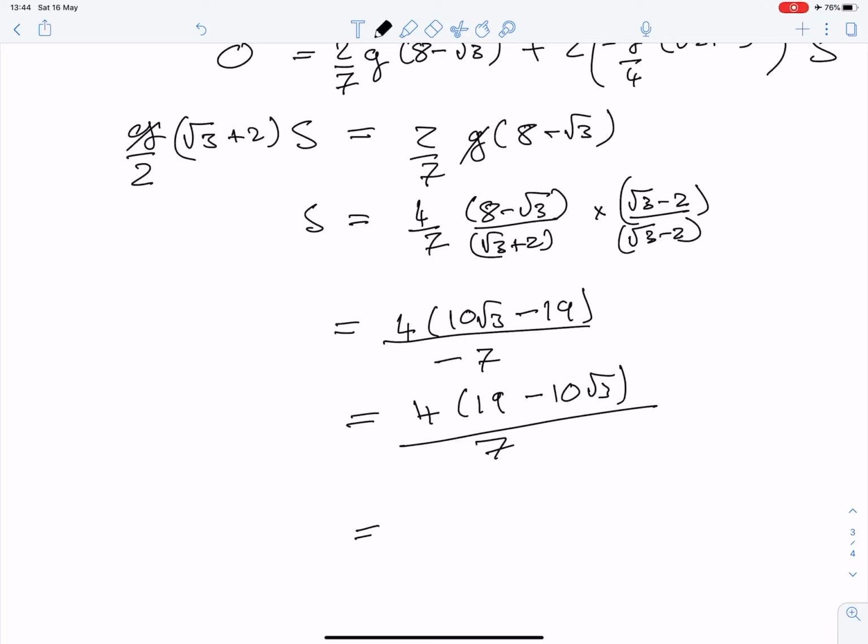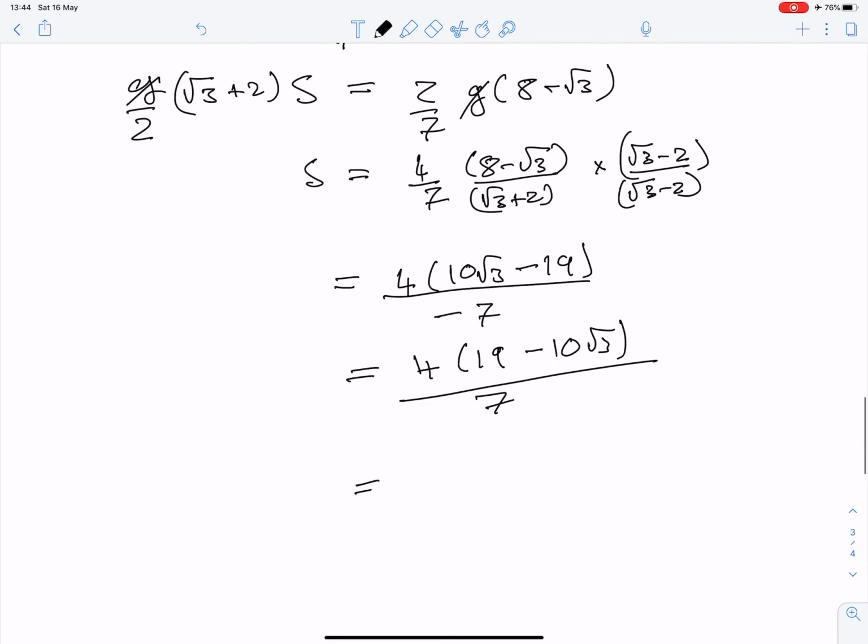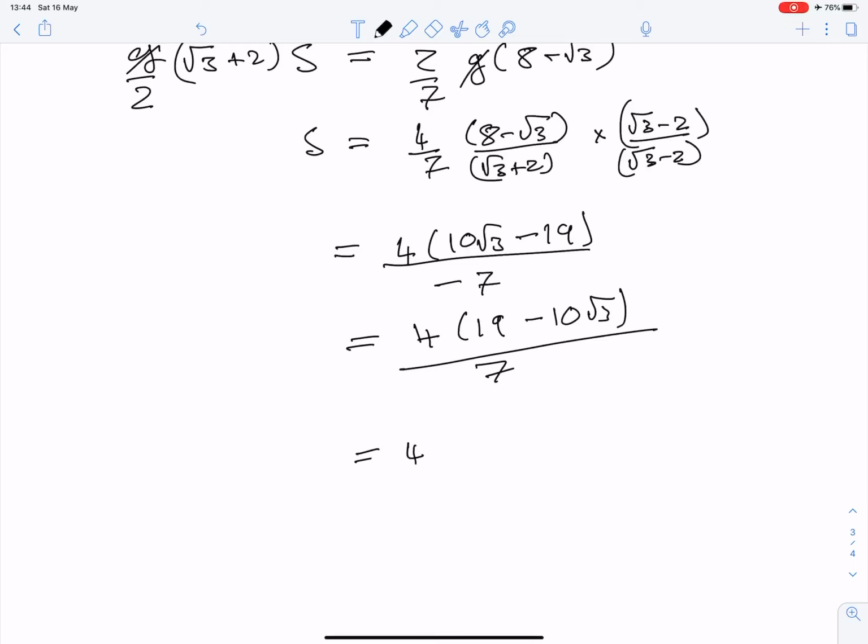Tidy it up. Let's rationalise the denominator. So we're going to multiply by root 3 minus 2.